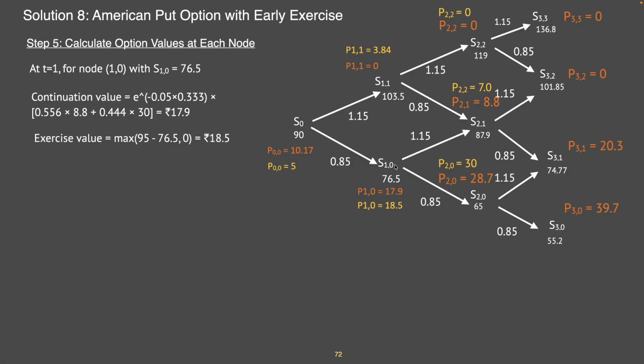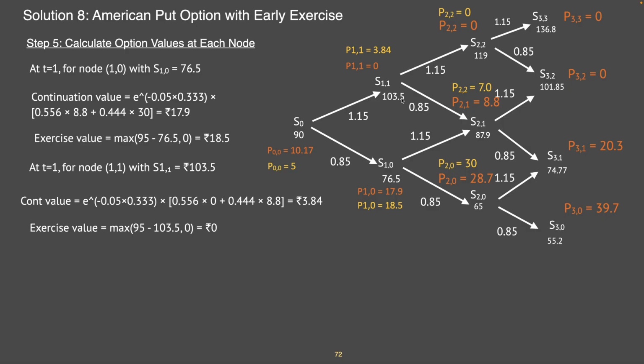So at this particular node, whenever the stock price is 76.5, which is much less than the strike price of 95, early exercise makes sense, because early exercise will give you 18.5 rupees for the option, whereas the continuation value will give only 17.9. Now let us consider the node S11.